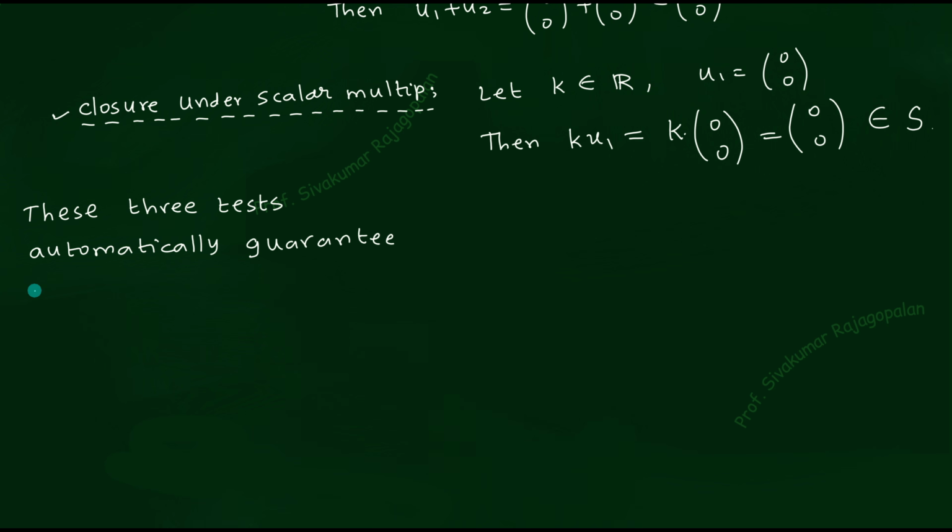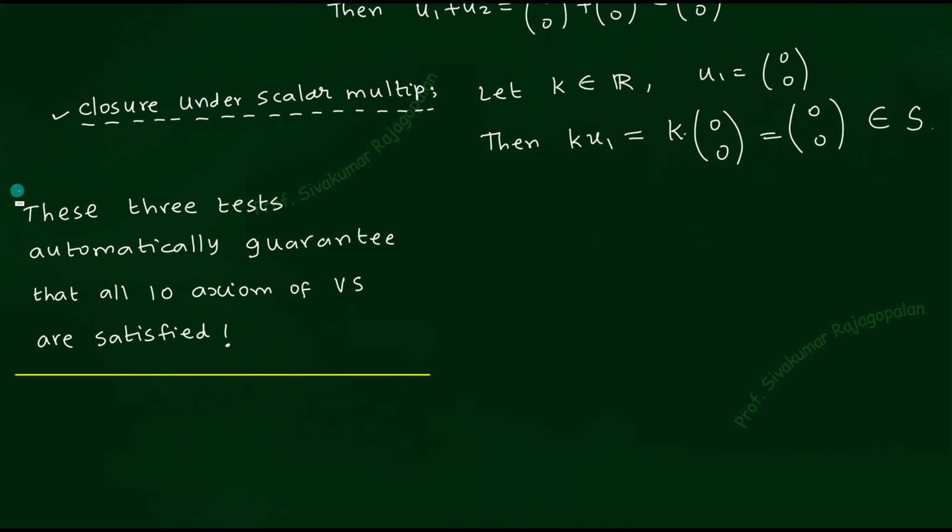That point I am writing: it automatically guarantees that all the 10 axioms of the vector space are satisfied. This is important because you are not going to verify all the 10 of them. Even though you are not verifying, it happens naturally.